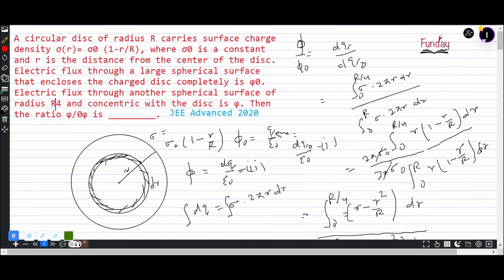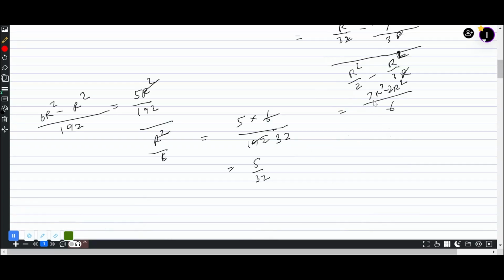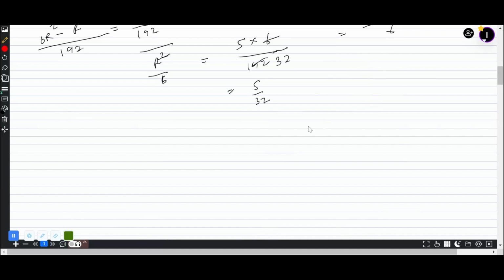Phi 0 is with complete charge. So basically reversal of this. So 5 over 32 is just the opposite of this. That's a mistake I have made. So it will be 32 over 5. Okay, that is 32 divided by 5, 6.4. That is 6.4 is to 1.